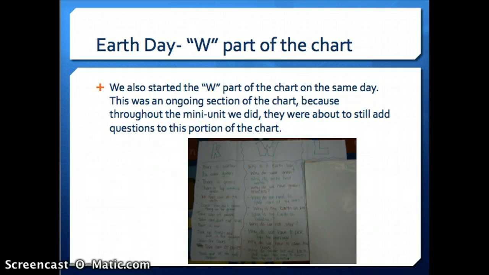This is the W portion of the chart, and this is what they wanted to learn about Earth Day. It was really cute. One of my students, her baby brother was born 2 days ago, so she had the last question asking, why don't we breathe when we first come into the earth? So I'm sure that had something to do with that.